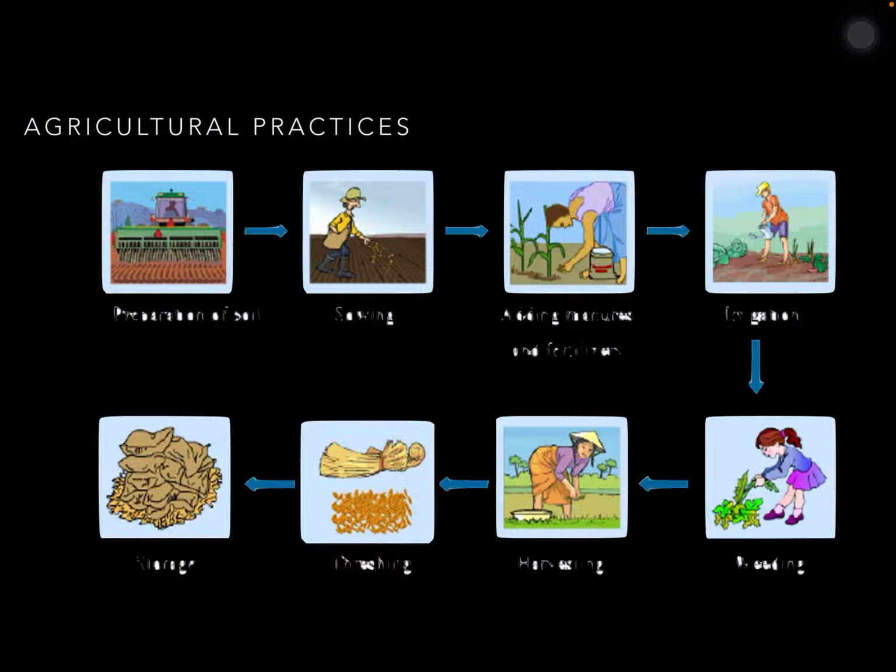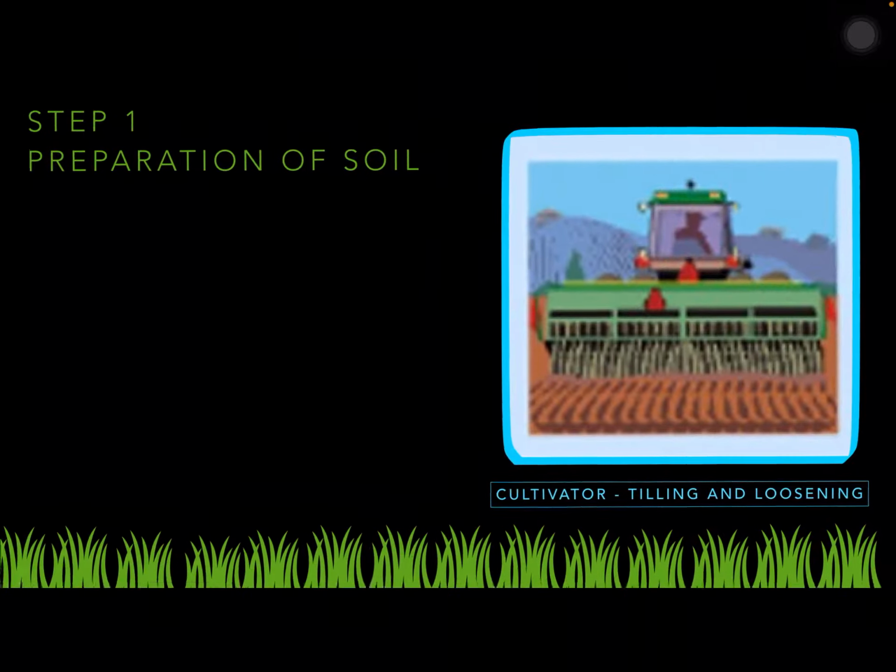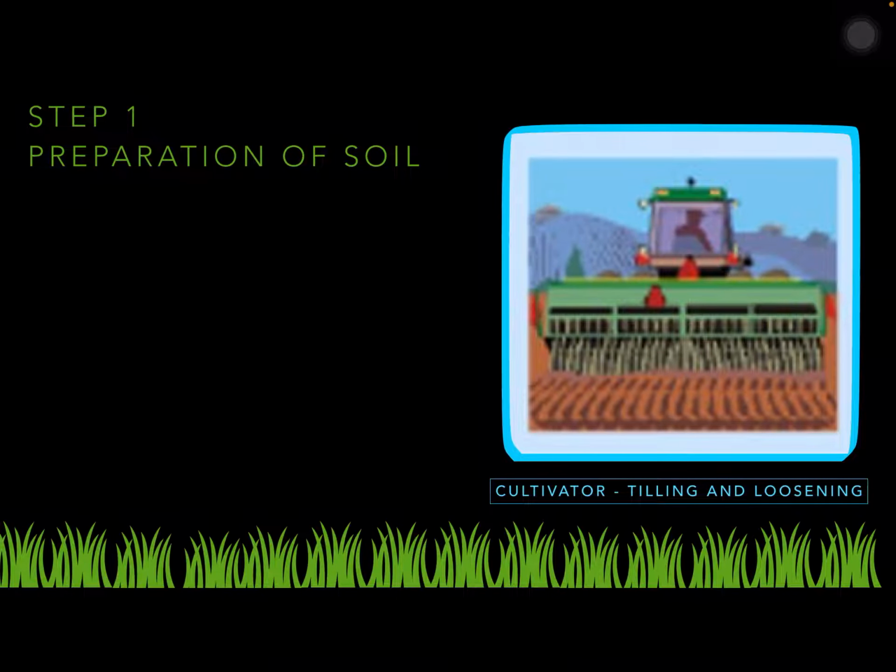So first, let's dive and see into preparation of soil. Step 1 is preparation of soil. Now, we know that we should first sow and then harvest. Why should we prepare the soil? That's a major question many of us have, and let's see why.